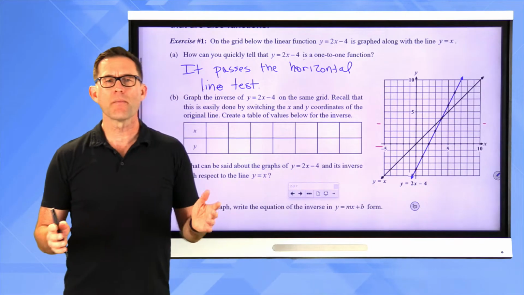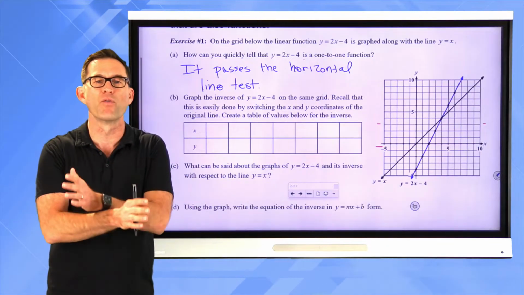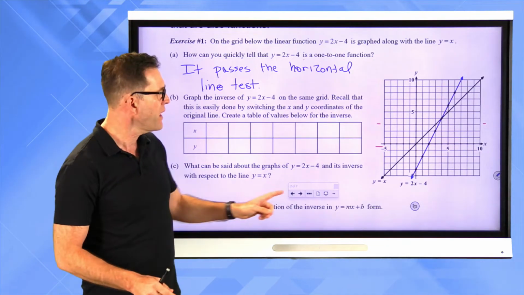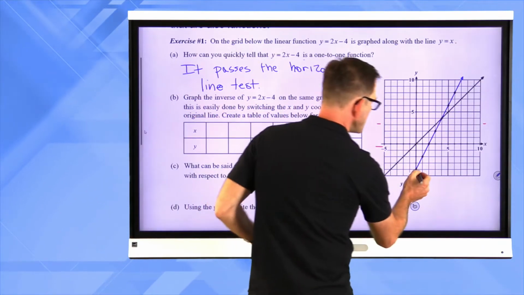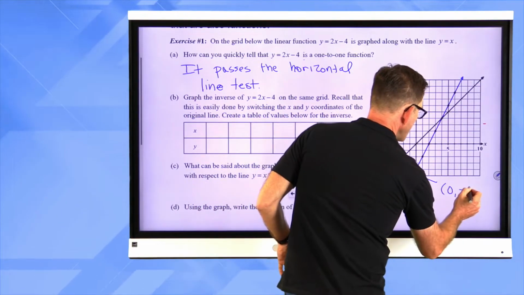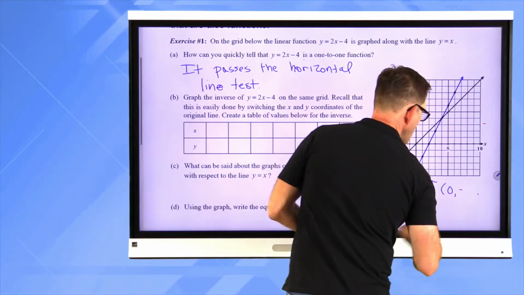Remember, inverses literally just take inputs and outputs and reverse them. So we have this point here, which is at 0, negative 5. Let me write that down. 0, negative 5. Oh, nope, that's not 0, negative 5. That's 0, negative 4.